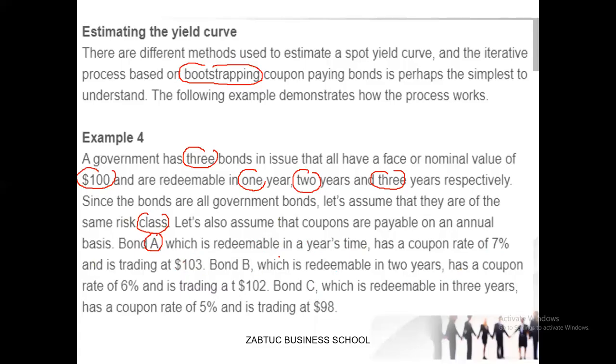Bond B is redeemable 2 years from now. The coupon rate is 6%, and the market value is 102. Bond C is redeemable in 3 years. The coupon rate is 5%, and it's trading at 98.